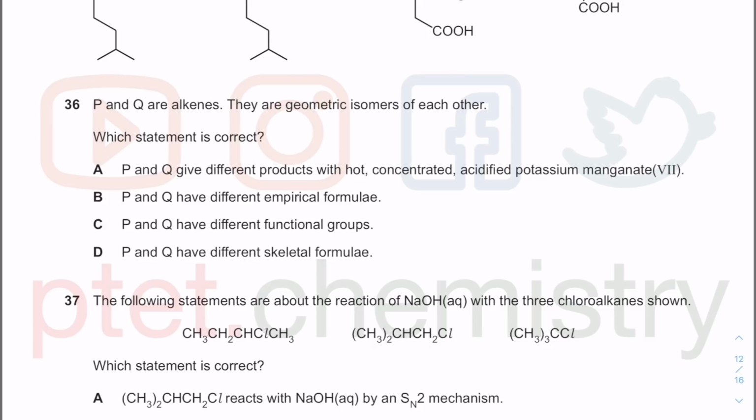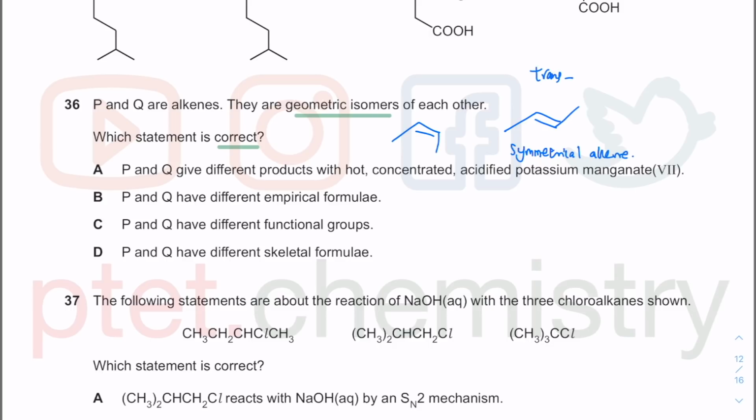Question 36. We're talking about geometric isomers. So which statement is correct? Well, if they are geometric isomers, they give different products. Well, you're trying to contradict the statement, you see. You're trying to contradict the statement. If I have a symmetrical alkene, this is a trans isomer because I could have the cis isomer.